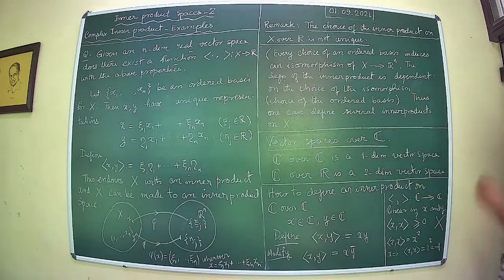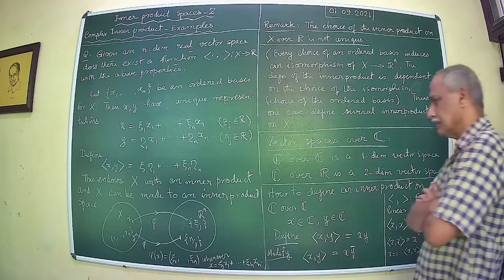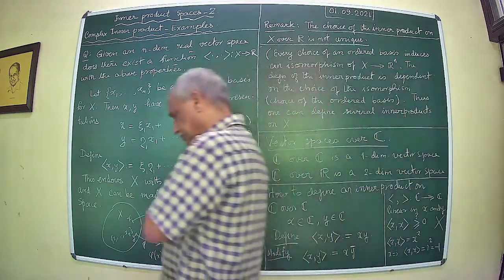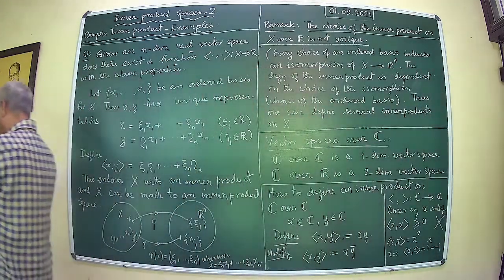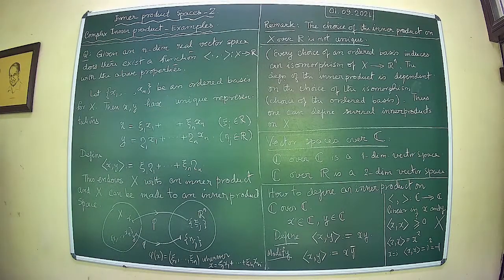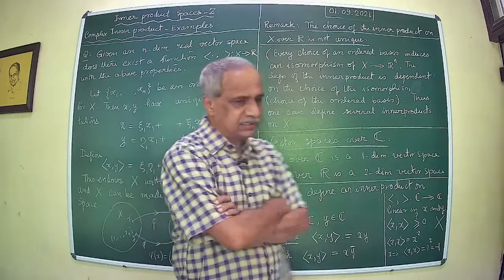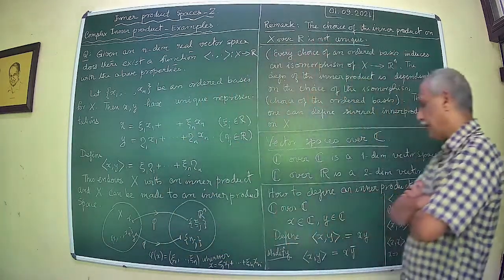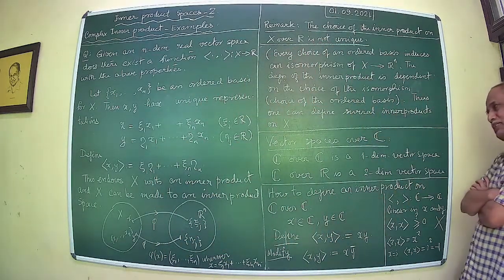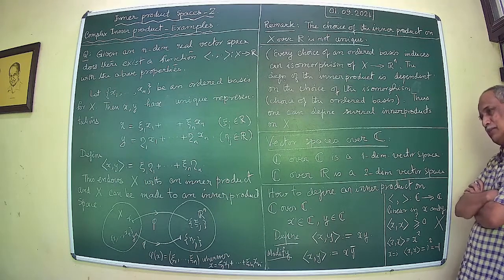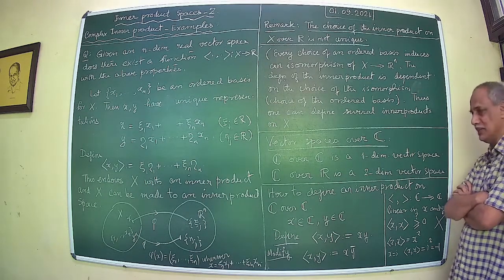Now you see the third and fourth conditions hold. The third and fourth conditions hold. But our symmetry condition will not be true, so you will have to modify it.